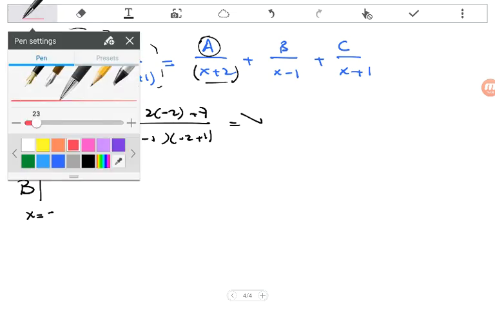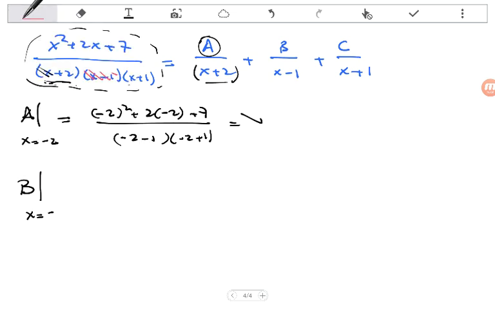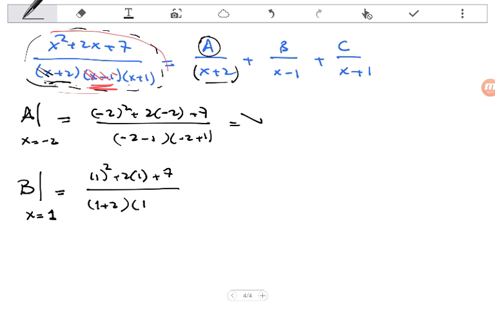Now I would cover this bracket, and I substitute in all of it but this bracket. So now I substitute for x equals 1, it will be 1 squared plus 2 multiplied by 1 plus 7 over 1 plus 2, 1 plus 1. So this will be the value of b.